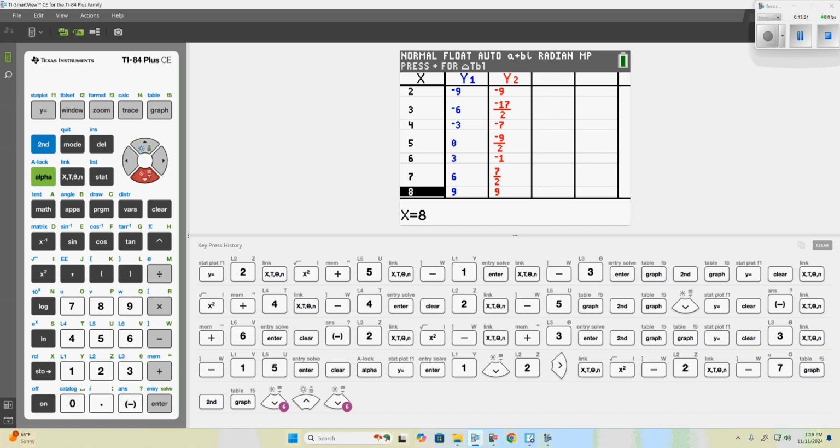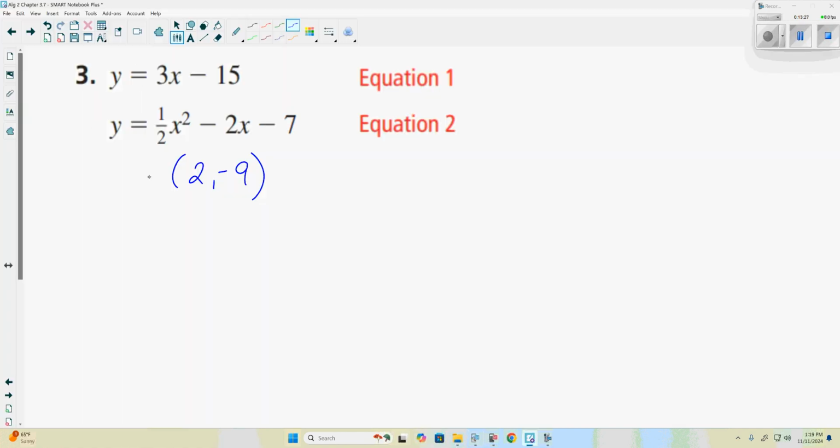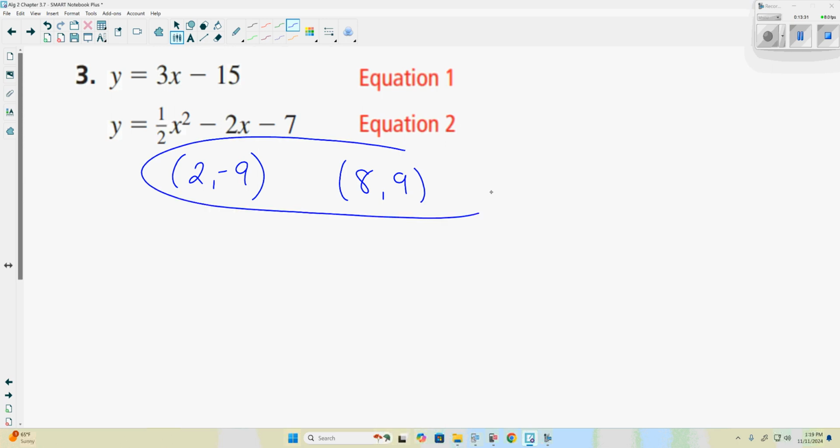And the other solution is (8, 9). So here we have 2 solutions. Both of these work. Both of these do give us true solutions, true statements of this here. Questions on this so far?